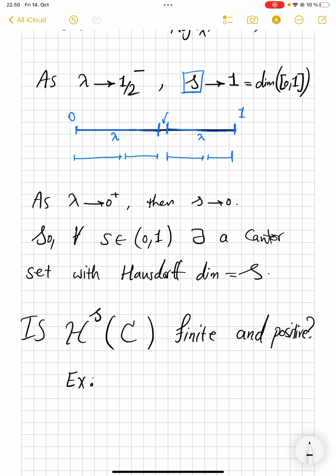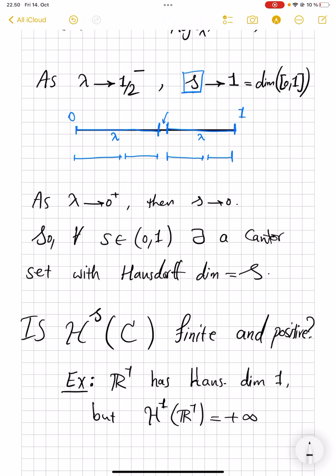If you're confused about this, maybe you should look at this example. R1 has Hausdorff dimension 1, but the Hausdorff measure of R1 is infinity.